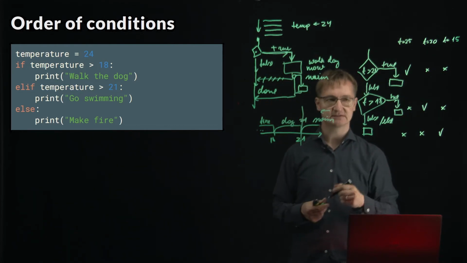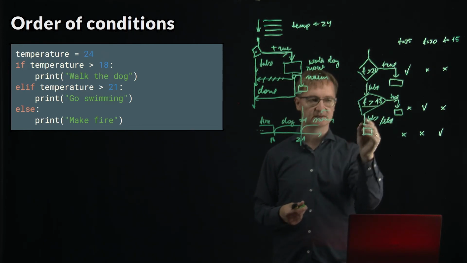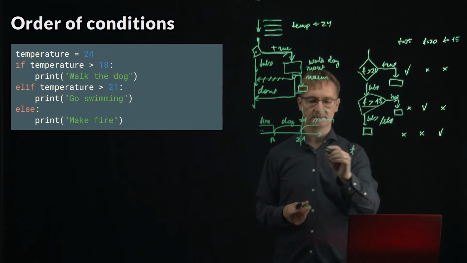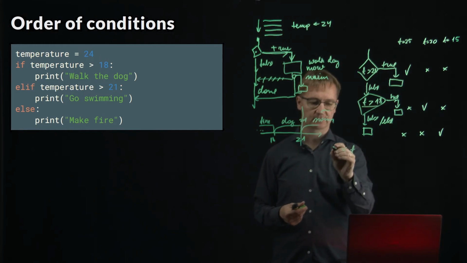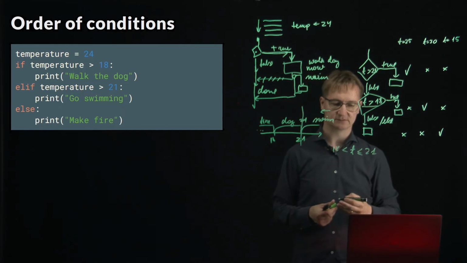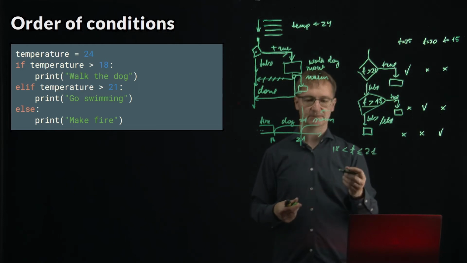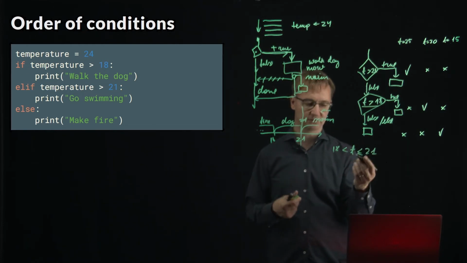It might make sense that in this case we can say that the temperature would be between 18 and 21. Actually 21 was included in our example, but the idea is the same.